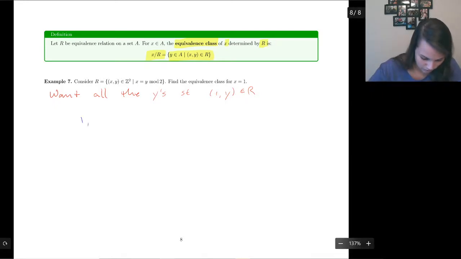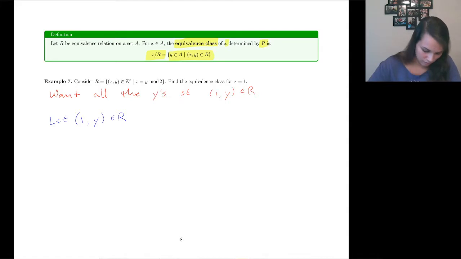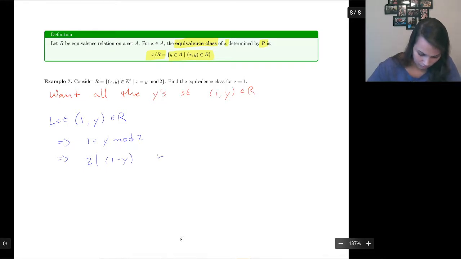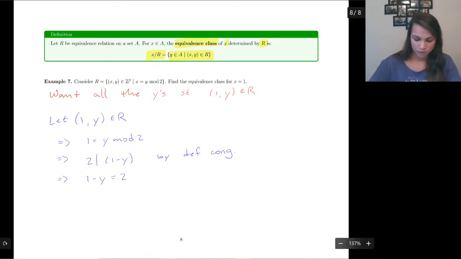So we say 1, y is going to be an element in R. So that means that 1 is congruent to y mod 2, which means 2 divides 1 minus y. So by definition of congruence, and then by definition of divides, we can write this as 1 minus y is equal to 2k for some k that is an integer.